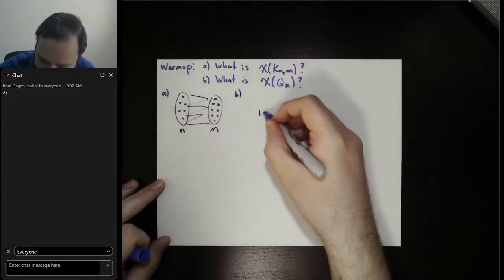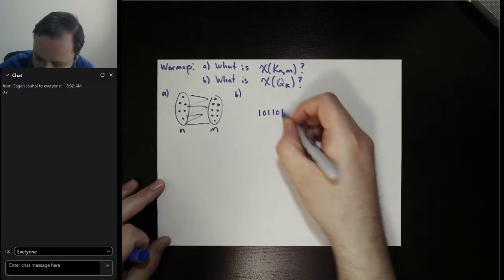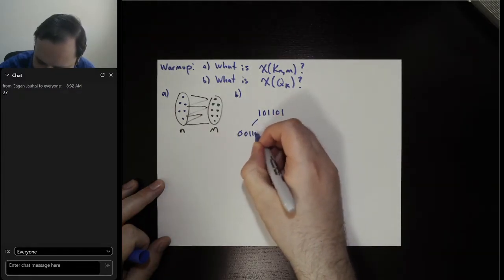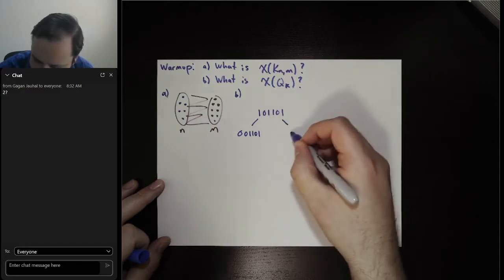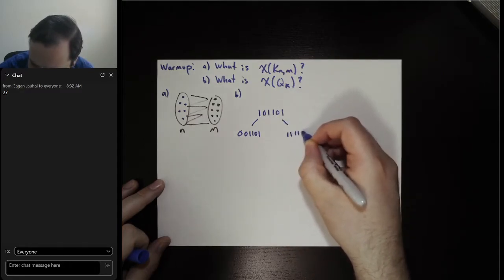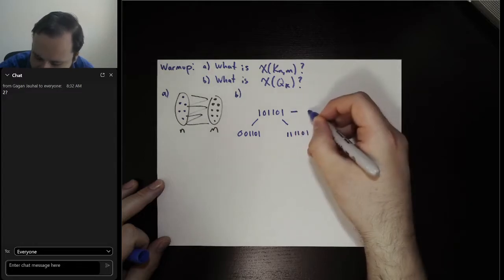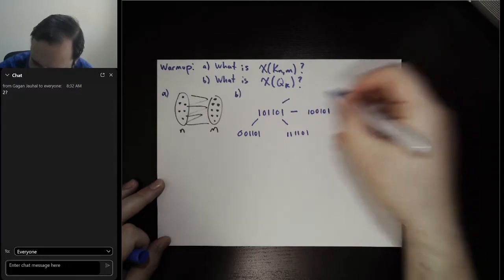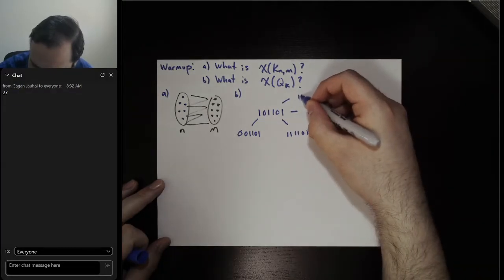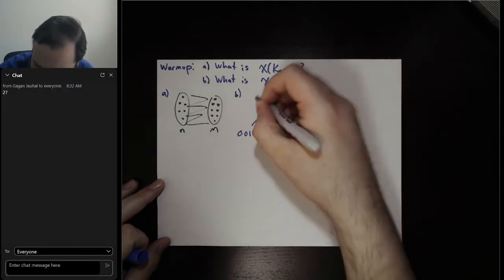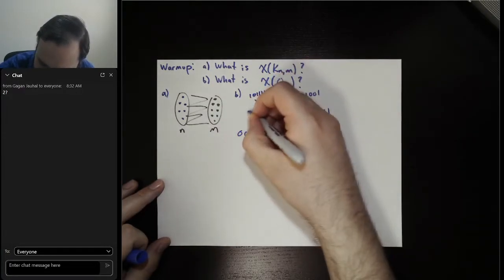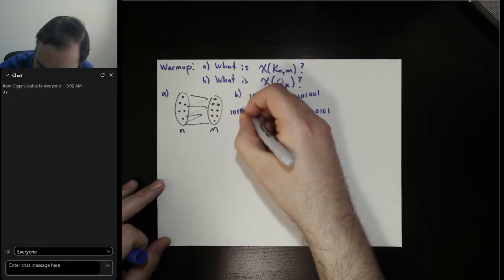And if I have something like 1, 0, 1, 1, 0, 1, that'll be adjacent to 0, 0, 1, 1, 0, 1, to 1, 1, 1, 1, 0, 1, to 1, 0, 0, 1, 0, 1, to 1, 0, 1, 0, 0, 1, to 1, 0, 1, 1, 1, 1, and to 1, 0, 1, 1, 0, 0.